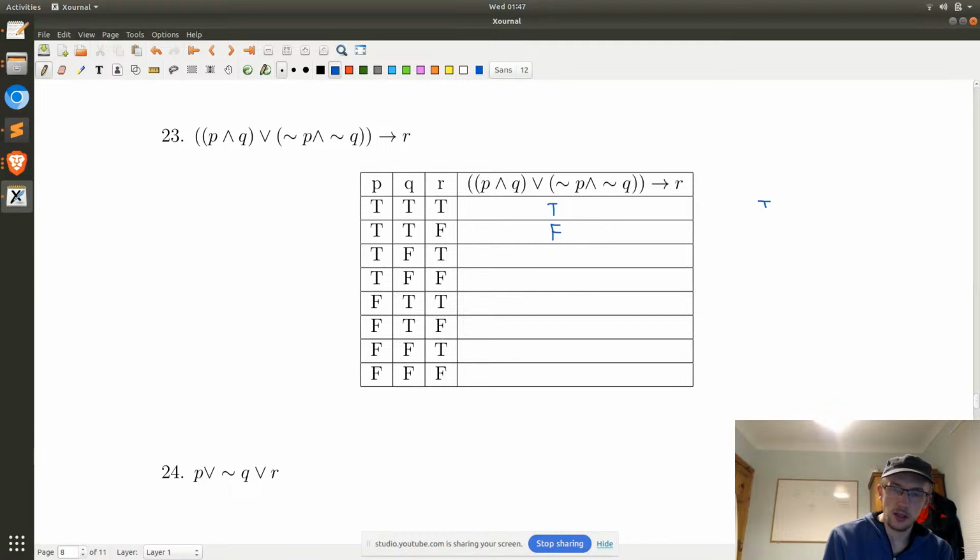Look, here's the table for implication. There's P and Q, and now for P implies Q, it looks like this. Okay, so notice when I have true where Q is, it's always true.